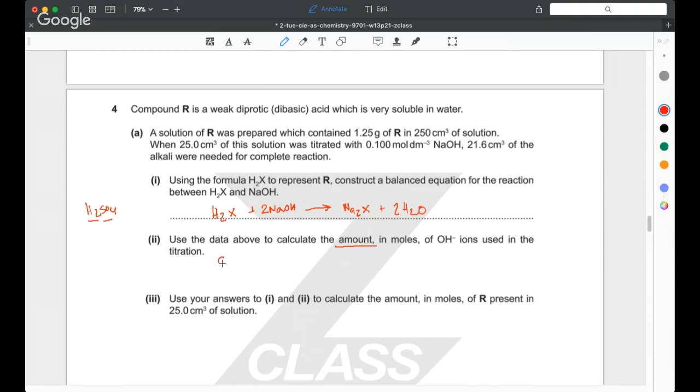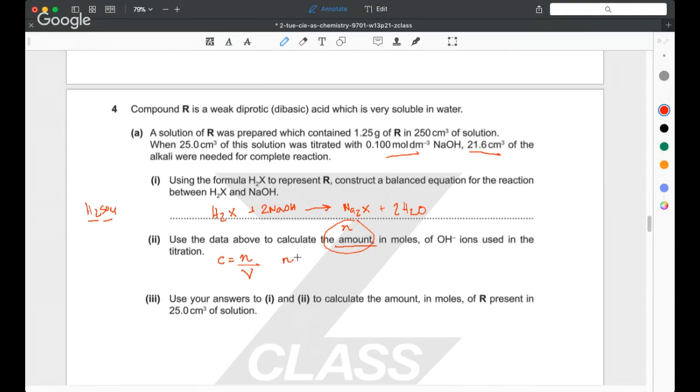Now you should know that there's an equation that relates the concentration to the amount. The symbol for the amount is n. And so the concentration is the amount divided by volume. So if you're trying to calculate amount and you're given a volume here and a concentration here, then you've just got to rearrange this equation so that the amount is the subject of the equation.